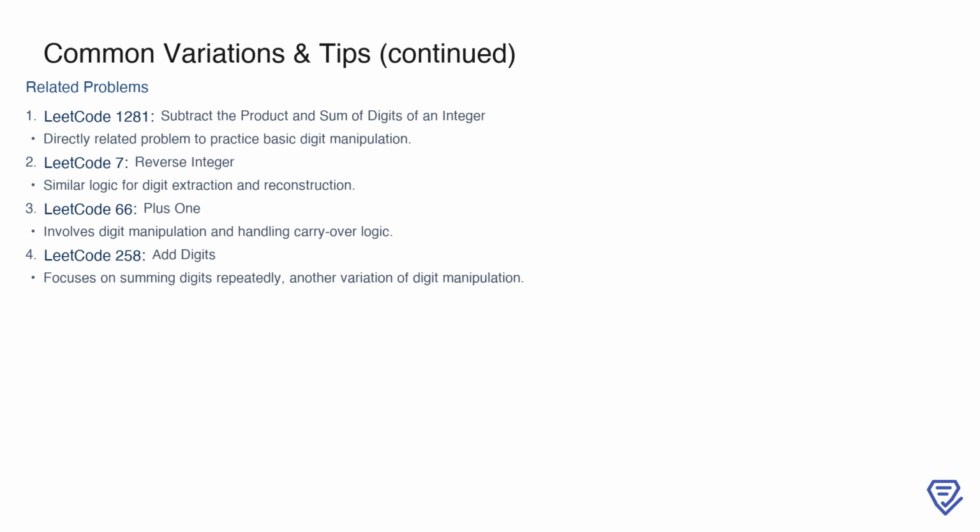LeetCode 66, Plus One, introduces the concept of digit manipulation with carryover logic, which can be useful in more complex scenarios. Finally, LeetCode 258, Add Digits, focuses on repeatedly summing the digits of a number until you reach a single digit. All of these problems share common themes and techniques, making them excellent practice for honing your skills in this area.